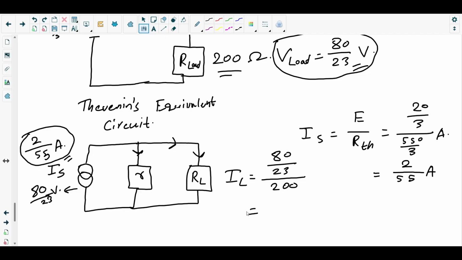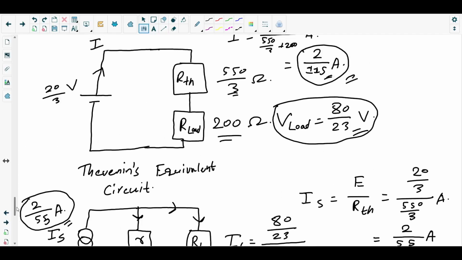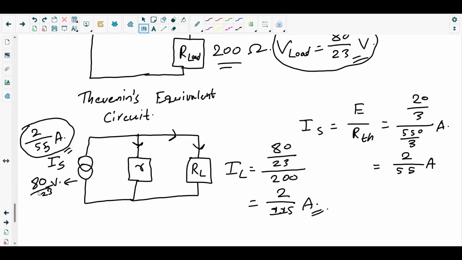So you get 80 over 23 divided by 200, which is 2 over 115 amps. We get the same current in the Thevenin's equivalent and also in the Norton's equivalent circuit.